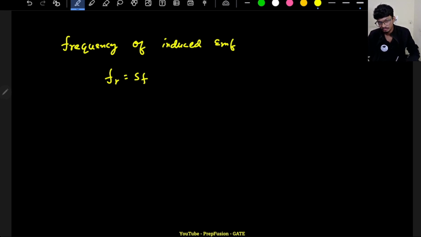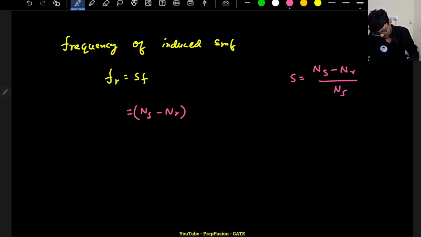Why was it SF? What does SF mean? What is S in this case? It is NS minus NR divided by NS. So if I replace S here, this will be NS minus NR, and what is F by NS?